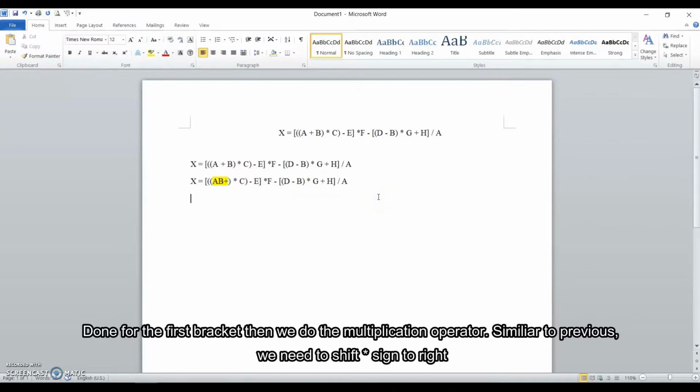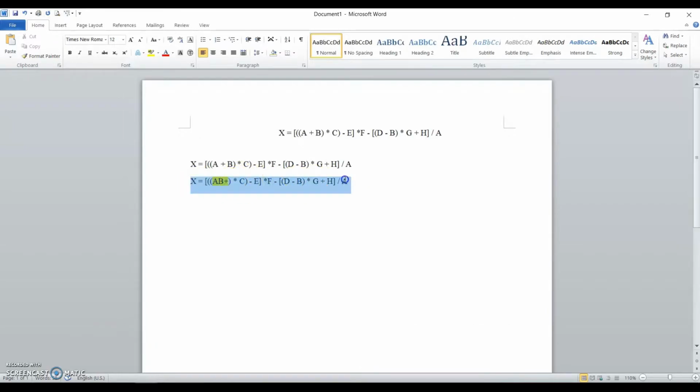Done for the first bracket, then we do the multiplication operator, similar to previous. We need to shift the multiply sign to the right. So it will become AB plus C multiply.